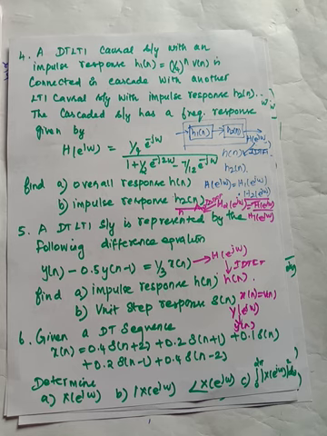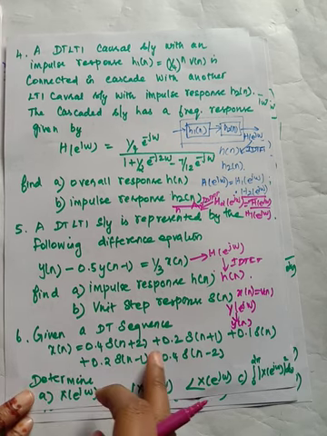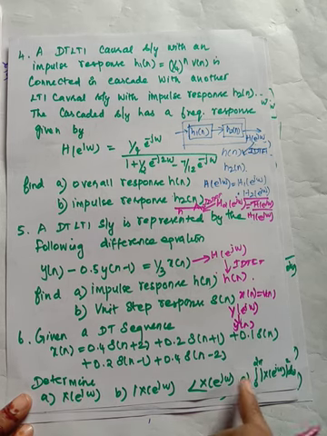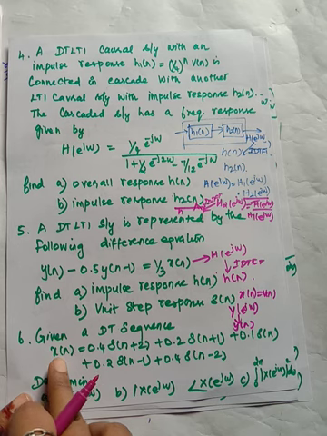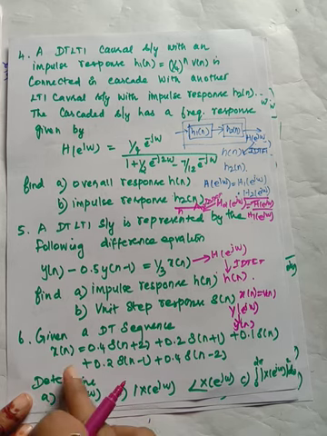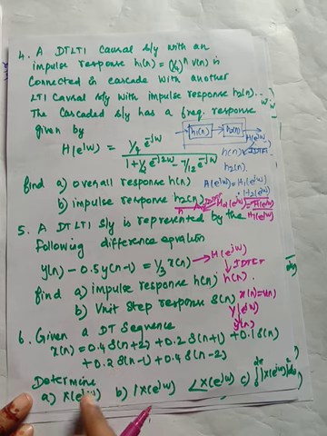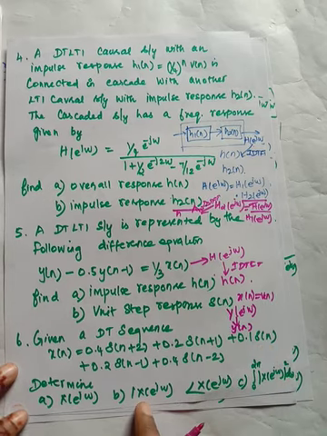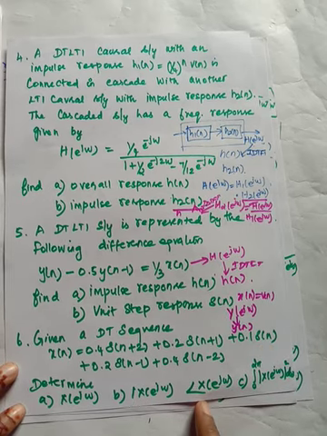Okay, the next sum: given a discrete time system, x of n is given, and they asked to determine these things. You directly obtain X(e^jω) from this by applying the formula. Then you take the magnitude response and the phase response.